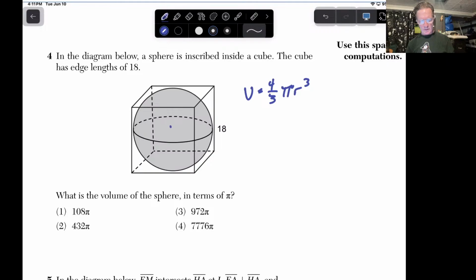So that means that this radius here is going to be equal to 9. So if the radius is 9, then we can just plug that straight in. Volume equals 4/3 times pi times 9 cubed.